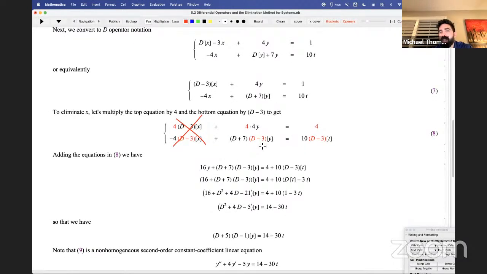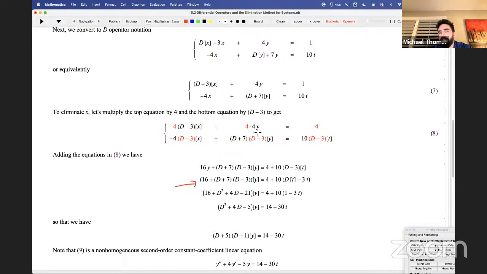If we add these equations together, look, we've got 16y here, got this guy here, and 4 plus this guy on the right. These are all y terms. So if you want to, you can jump right down to the second step.